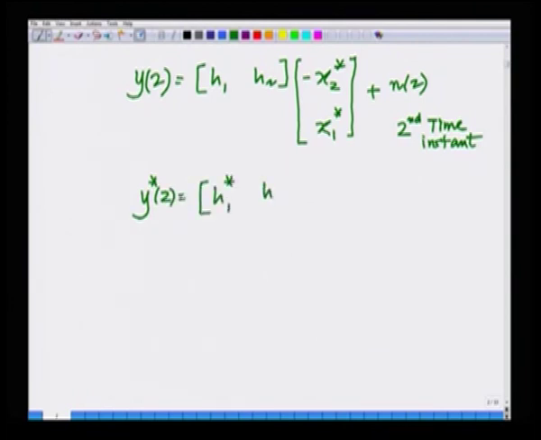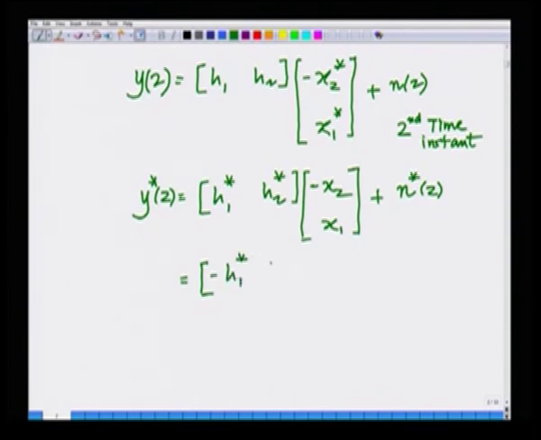Then this system can be represented as [h1 conjugate, h2 conjugate] times [minus x2, x1], which is simply the conjugate of each quantity, plus noise conjugate. Now, instead of having a minus sign in minus x2, this minus sign can be absorbed in minus h1. So, this can also be written as [minus h1 conjugate, h2 conjugate] times [x2, x1] plus n conjugate 2.